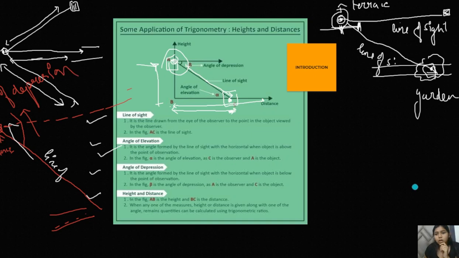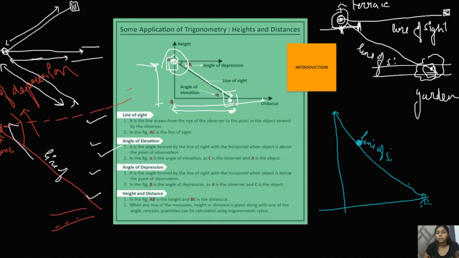Now suppose this is a person, this is a building, and the person is looking straight at this building. So this will be the line of sight. This will be the horizontal from the person. When the object is present above the person's eyes, then the angle formed between the horizontal and the line of sight like this will be your angle of elevation.